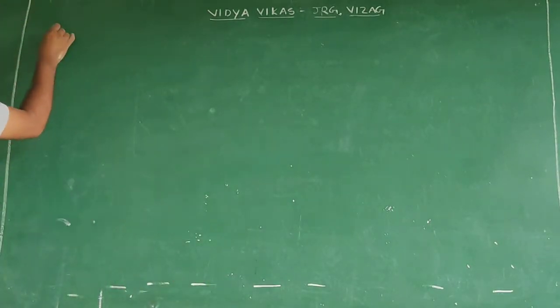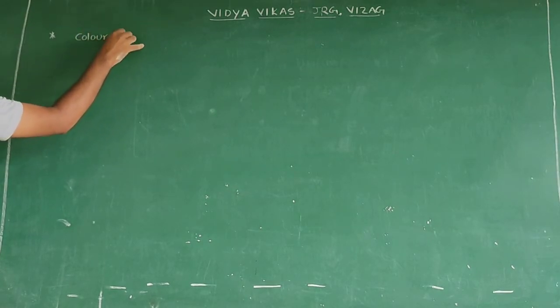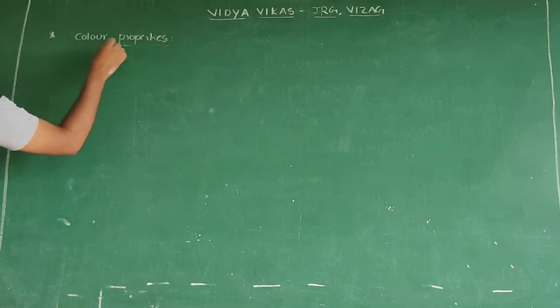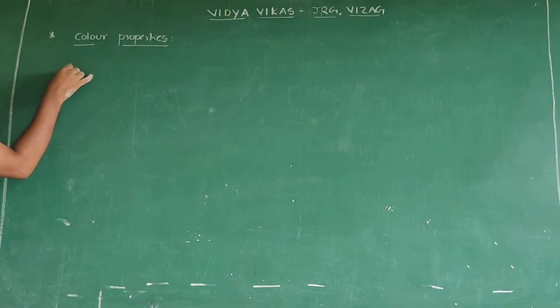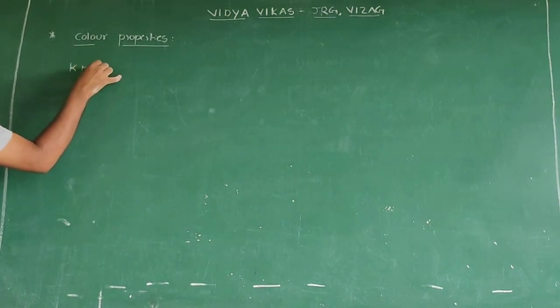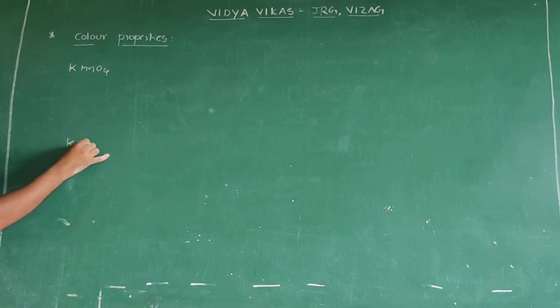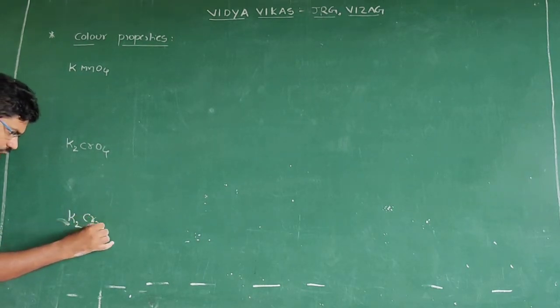But students, still I am standing on the color properties of D block elements. Now, let me give an idea, some surprising things. Students, we know one thing: KMnO4, potassium permanganate, and potassium chromate, K2CrO4, and potassium dichromate, K2Cr2O7.